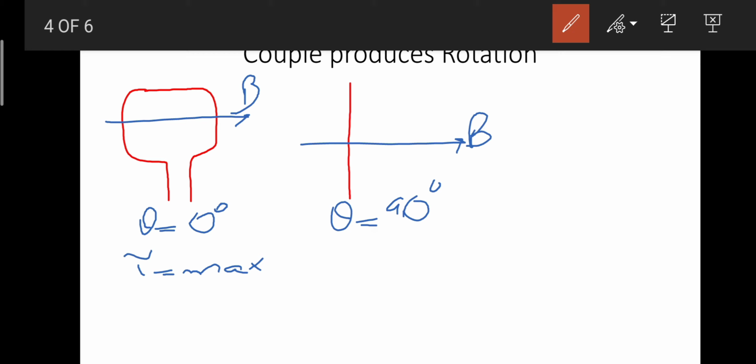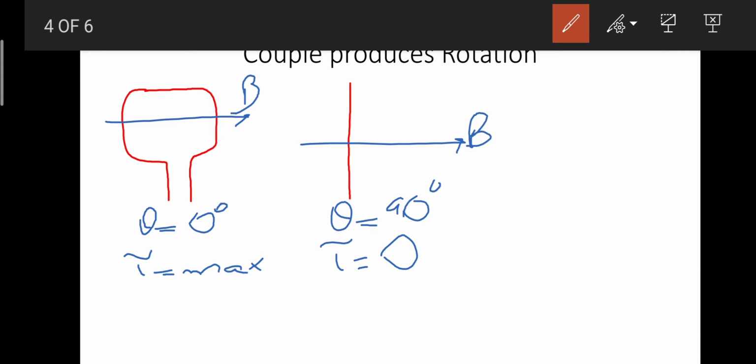In this case, the torque would be equal to 0, since cos 90 degrees gives you the value equal to 0.